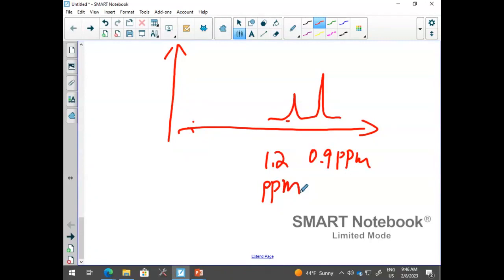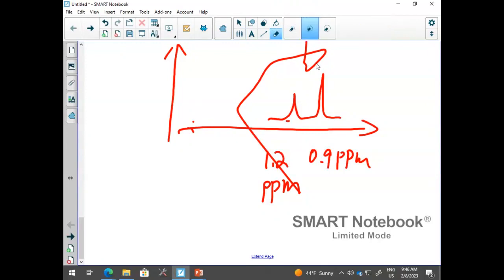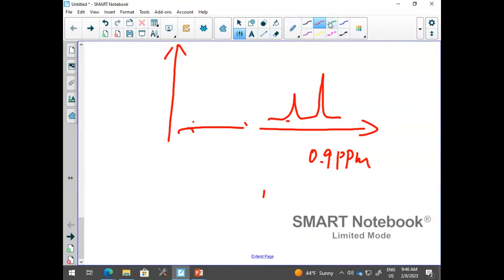And if you look at the area, the area ratio should be 1 to 3, because you have 2 CH2 protons and 6 CH3 protons.